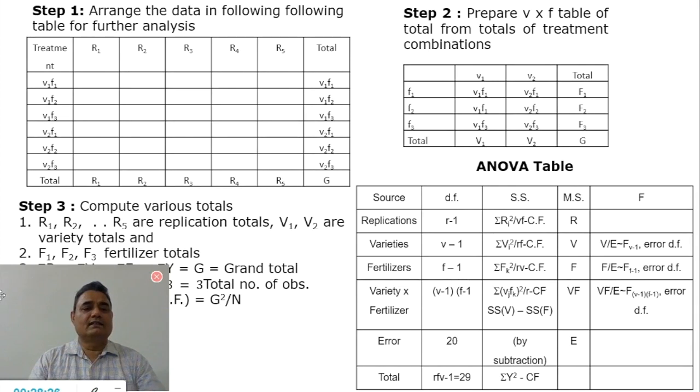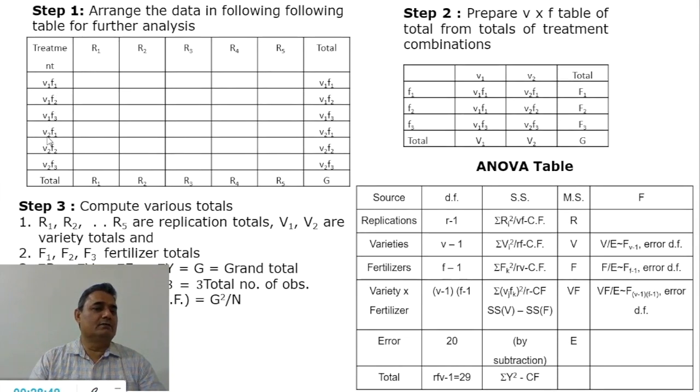Then the analysis part. There are 3 steps. First of all, you arrange your treatments V1 F1, V1 F2, V1 F3, V2 F1, V2 F2, V2 F3. Means keep the first factor the same, repeat the levels of the second factor.